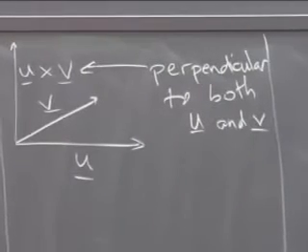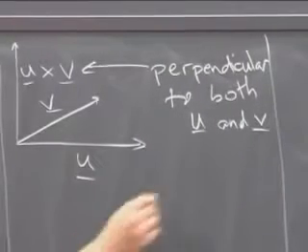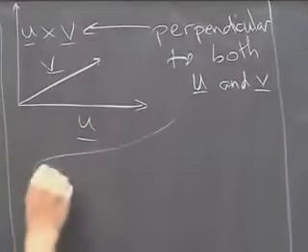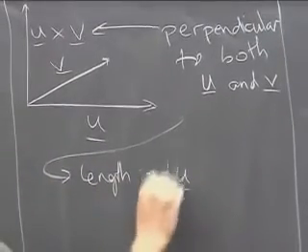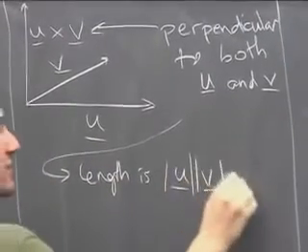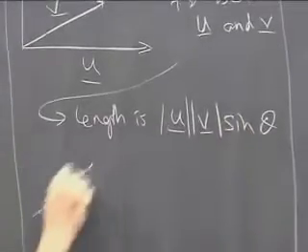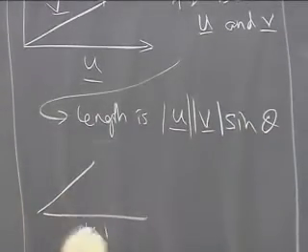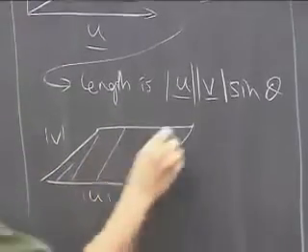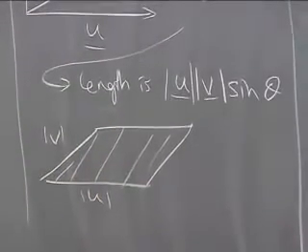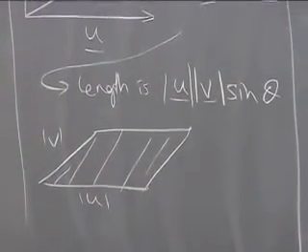How long is this vector? Well, the length is |u||v| sine theta, which in this case is the area of the parallelogram that u and v make.